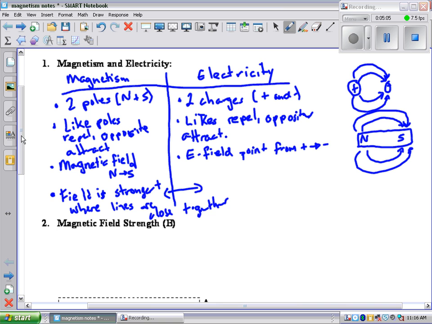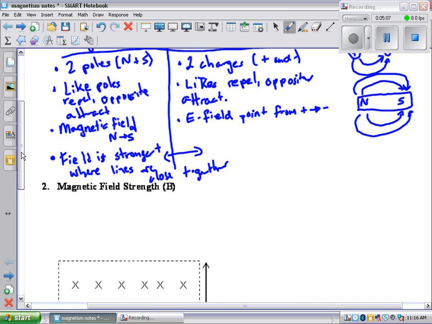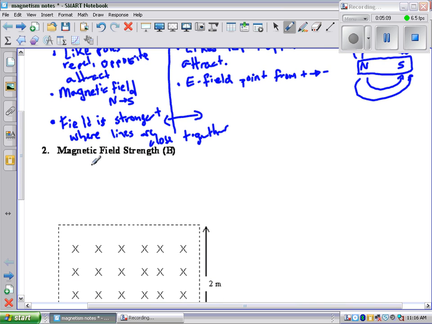Now, magnetic field strength, remember it's going to be strongest where lines are closest. And they actually use that to define the strength of the magnetic field.